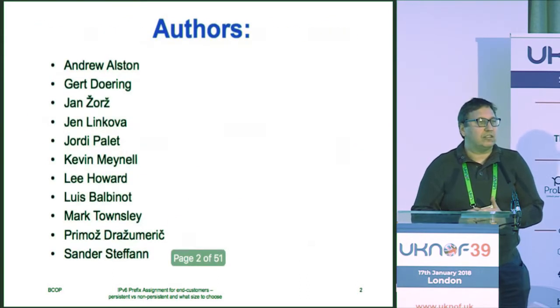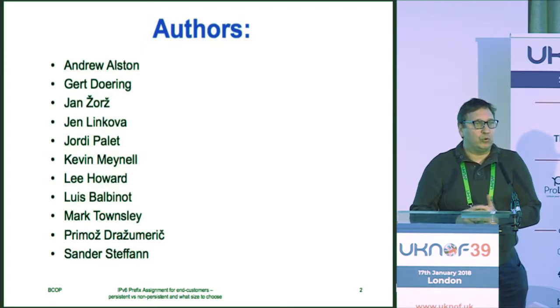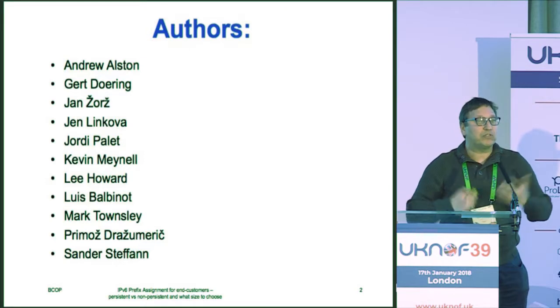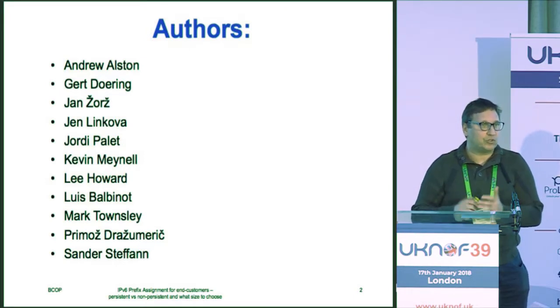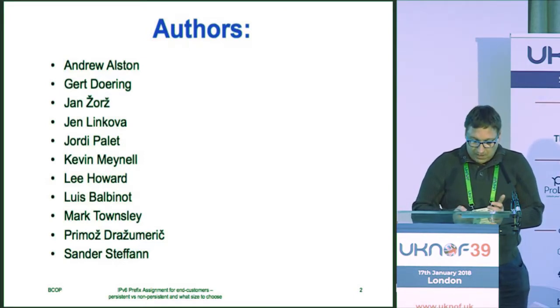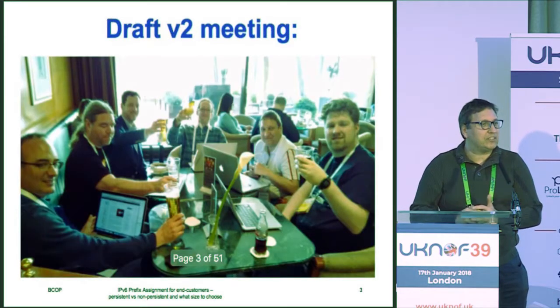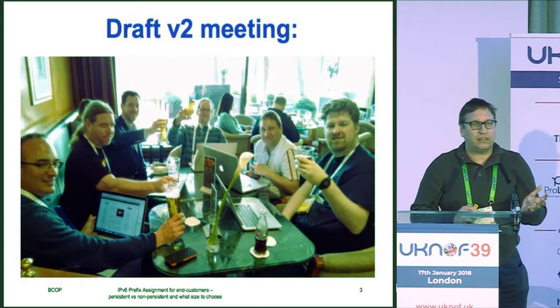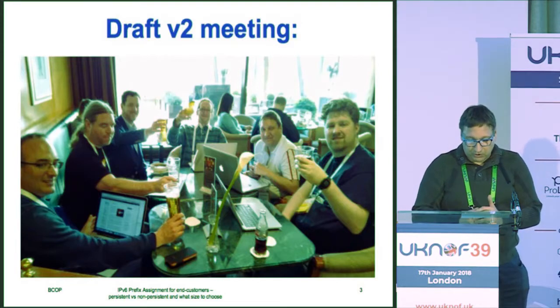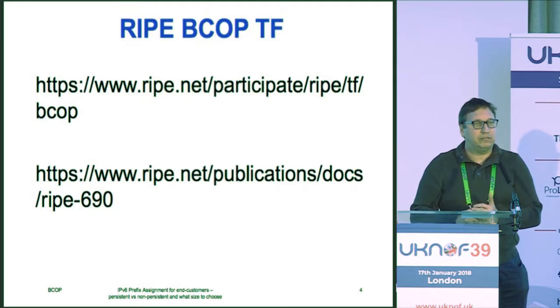So we decided, a group of people, to work on that, and we found that the best venue to publish best current operational practices was a RIPE document. So this is one of the meetings. The document started about 2 years ago, and I think we went through about 10 public revisions, but many, many internal revisions, and we changed it a little bit, even the wording, during our revisions.